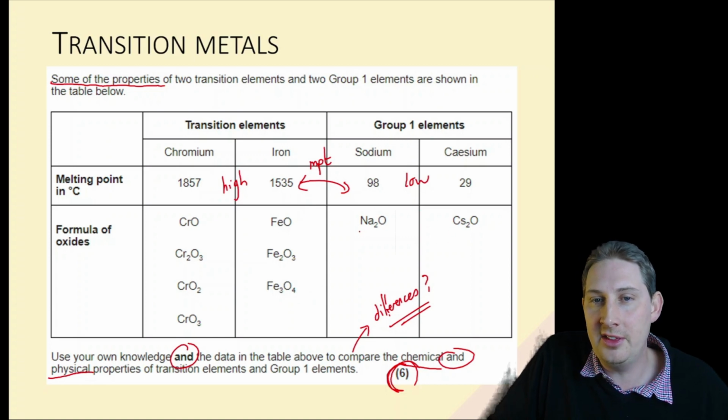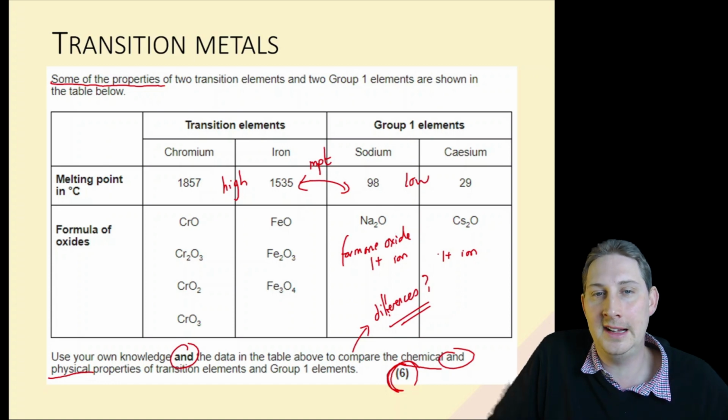Well, the fact that these only form one oxide because they only form the 1+ ion. So they form a 1+ ion and that's it.